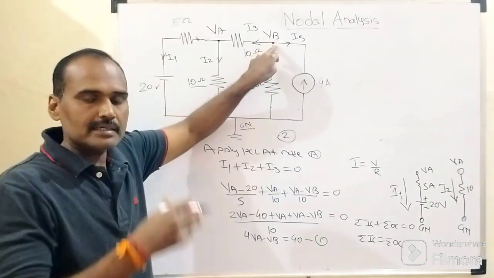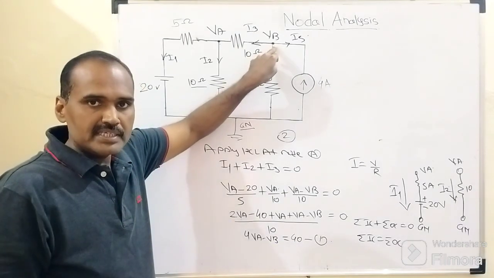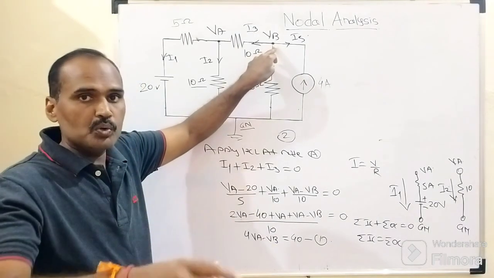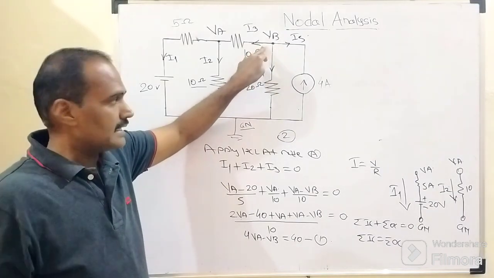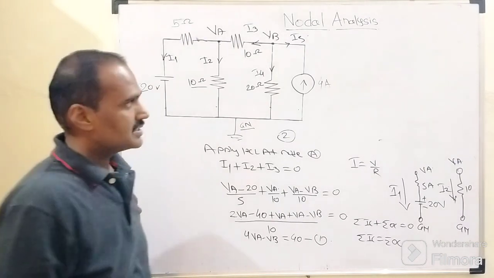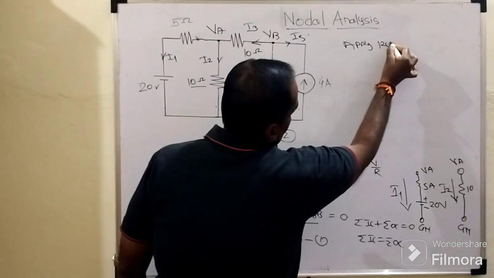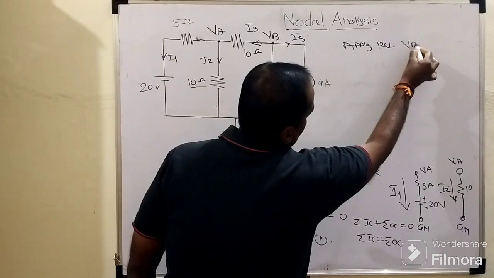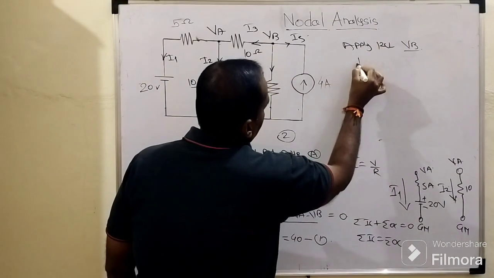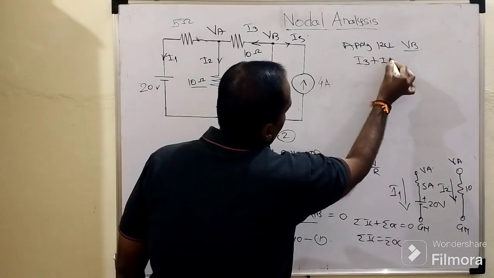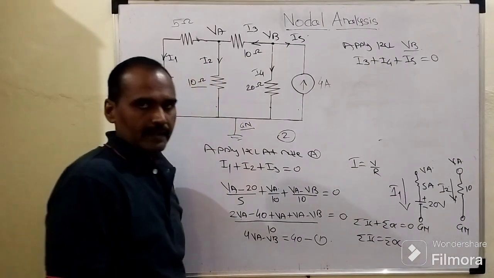There are 3 identical currents, and the directions of these 3 currents can be considered as outgoing from this node, right? So there is no question about any incoming current. So we apply KCL at node number 2 whose potential is nothing but what? VB. We are getting this type of current equation, I3 plus I4 plus I5 equals to 0, right?